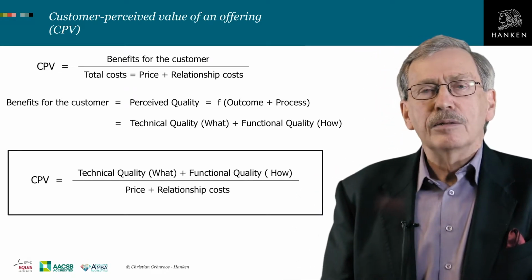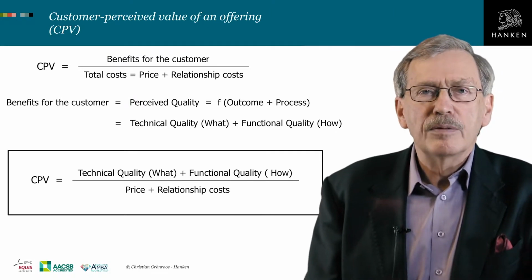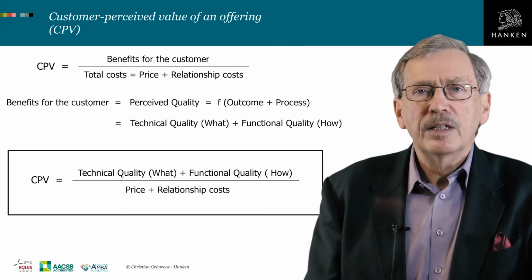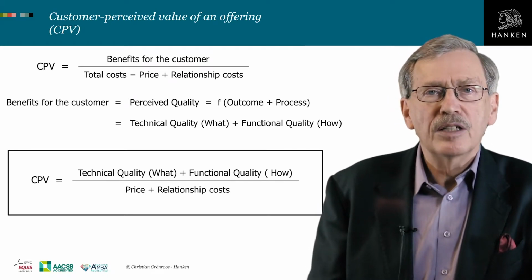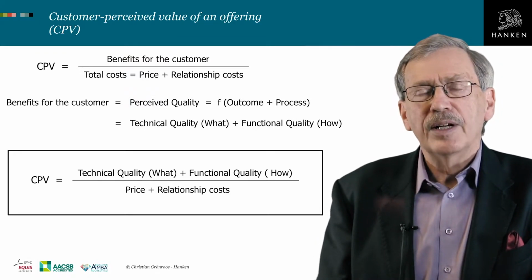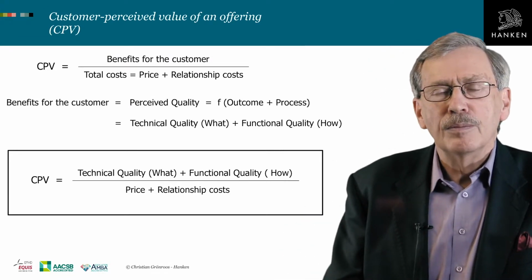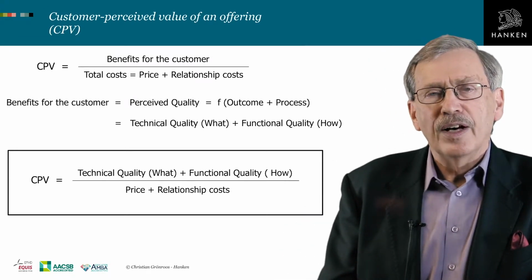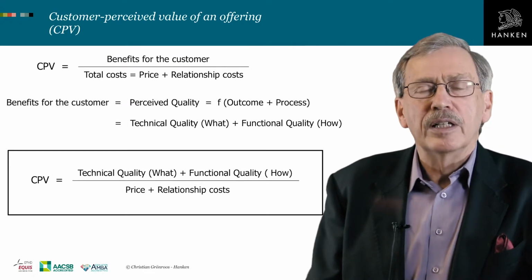This means that we can use this rather simple formula to understand customer perceived value. It's technical quality plus functional quality divided by price plus relationship costs. Of course, this formula cannot directly be used for calculations. It has to be monetized first to find a value on the various variables in the formula.